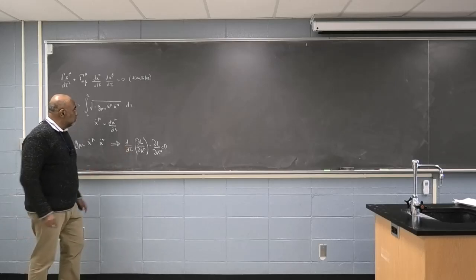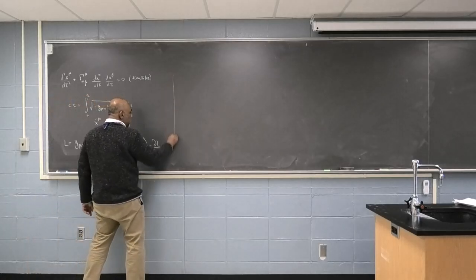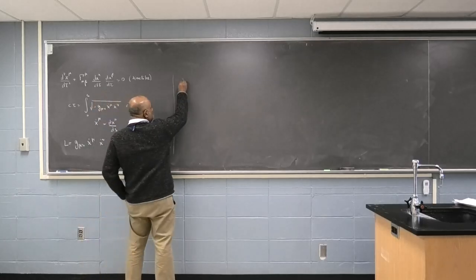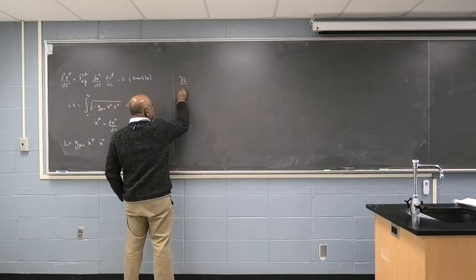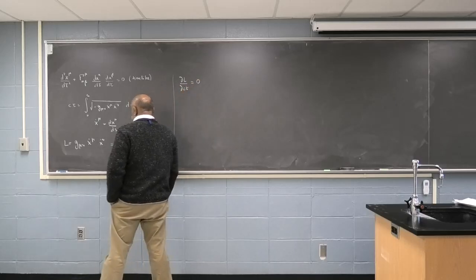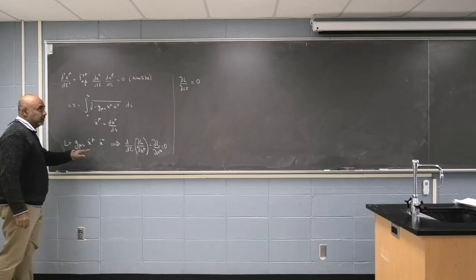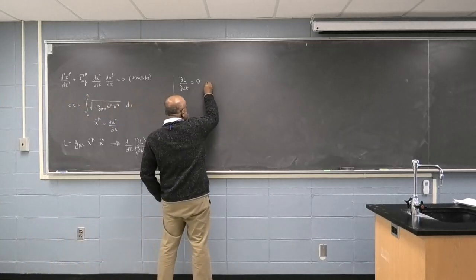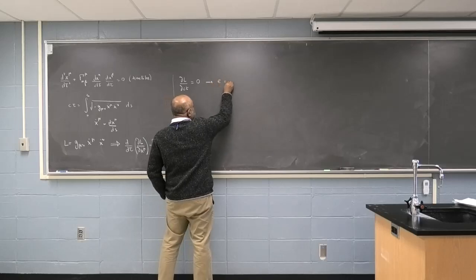And when we did this, there are two constants that emerge. It emerges due to the fact that Ct is equal to 0, because there's no time dependence here. And this led to the conservation of energy.